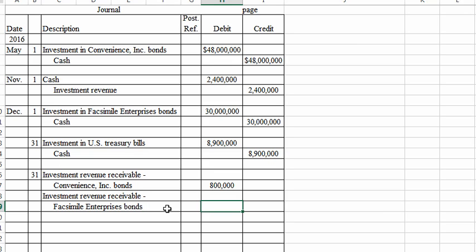So let's see, how much interest have we earned from the time we purchased the Facsimile Enterprises bonds on December 1st to December 31st? Well, it would only be 1 month's worth. The face amount of the bonds was $30 million times the interest rate, 12% for a year, times, this is only for 1 month, 1 over 12, so we get $300,000 interest due there, or interest that's been earned in the month of December.